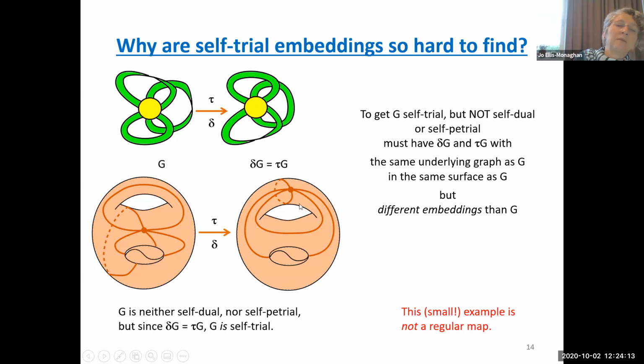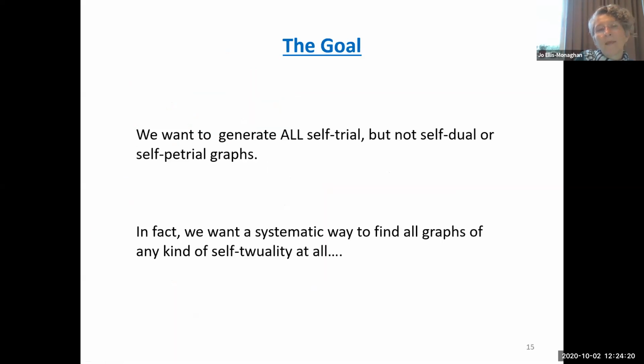Here's the same graph embedded in the same surface, but with a different embedding. So our goal was to be able to generate all self-trial, but not self-dual nor self-Petrial graphs. There's this class of graphs that are really lovely, but they're hard to find. But we would like more. In fact, we'd like a systematic way to find all graphs of any kind of self-duality at all.